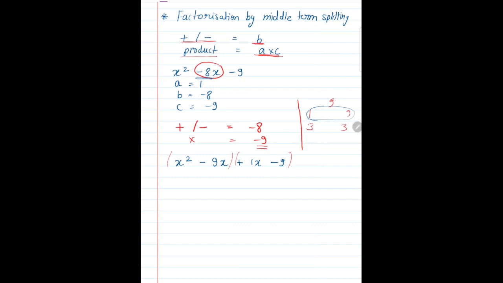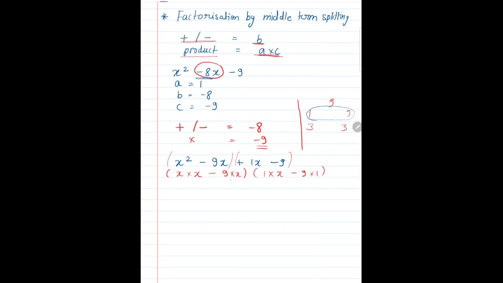Now here x is common. Common means to take out the common factor. If I write it as x times x, because x square is x times x, and it is minus 9 times x, and here we have 1 times x and minus 9 times 1.